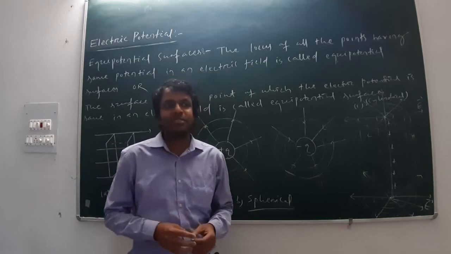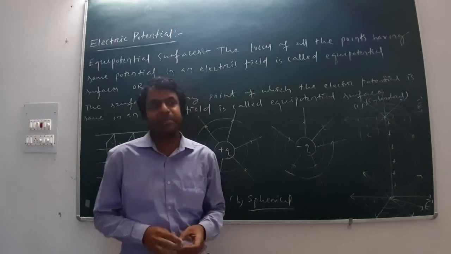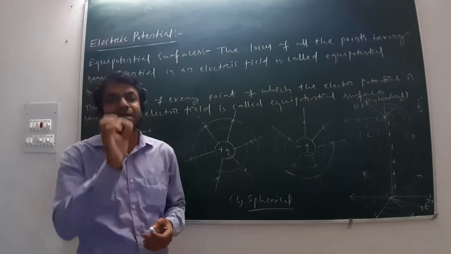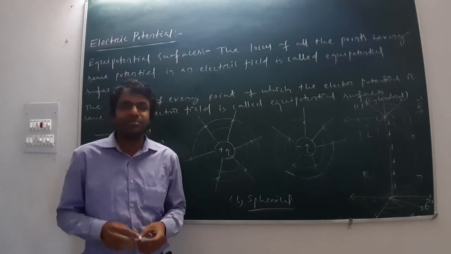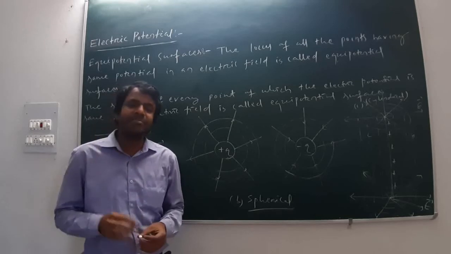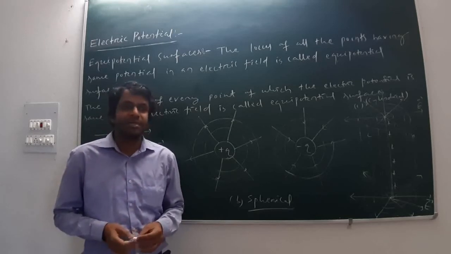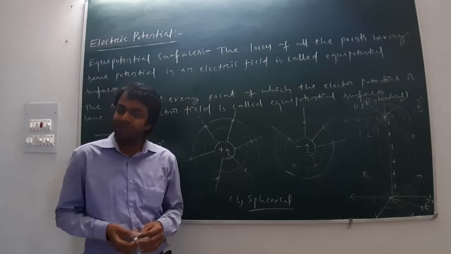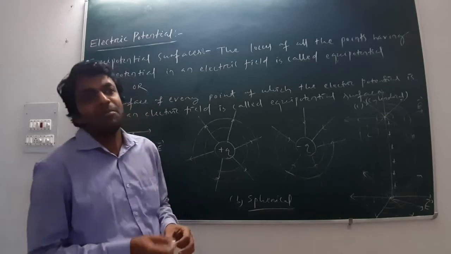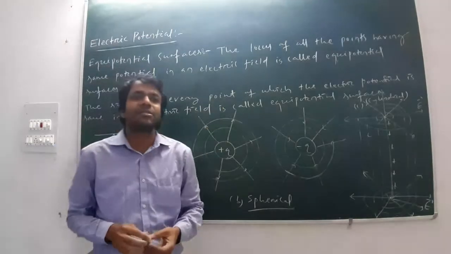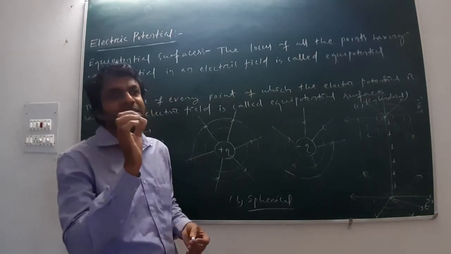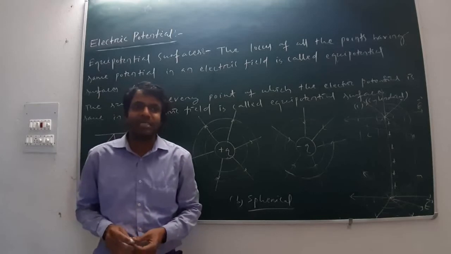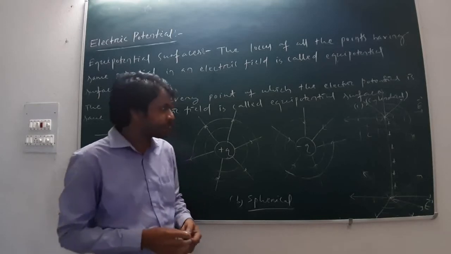Electric potential energy may be positive or negative, depending on the type of point charge. If the point charge is positive, it is positive, and if the point charge is negative, it is also negative. Similarly, if the point charge is positive, the electric potential is positive, and if negative, the potential is also negative.